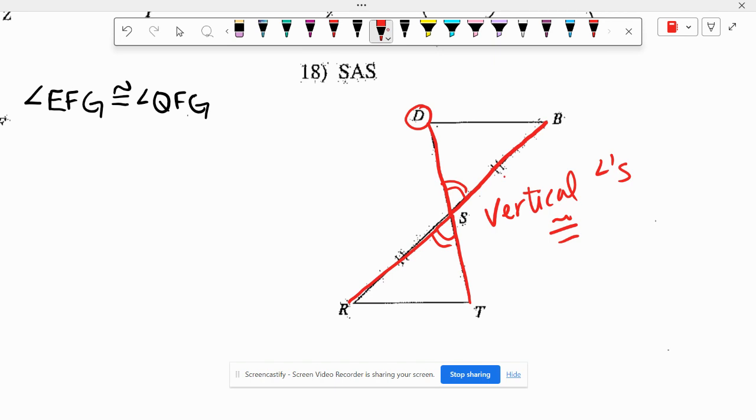So we have our side and our angle. What side are we missing? If we follow it around. Side, angle, side. What are we missing?